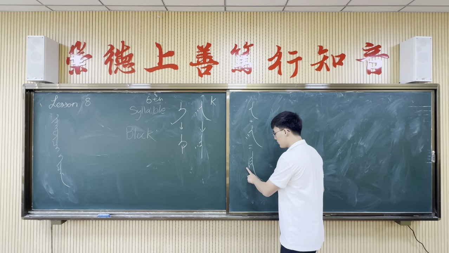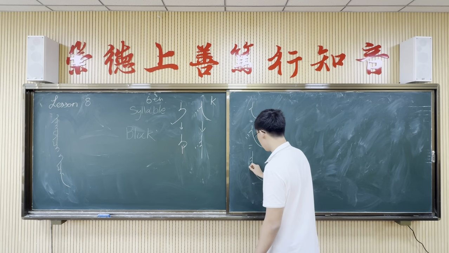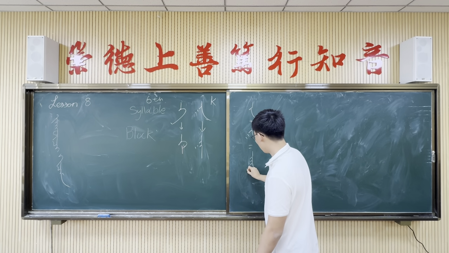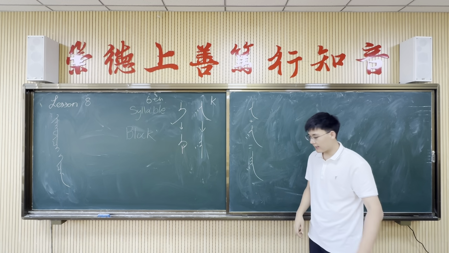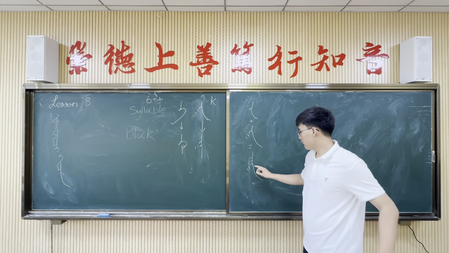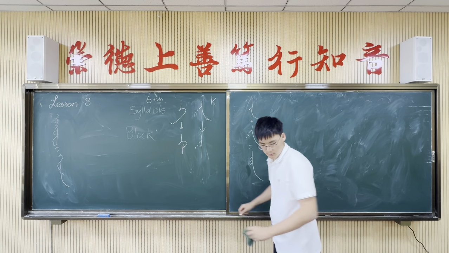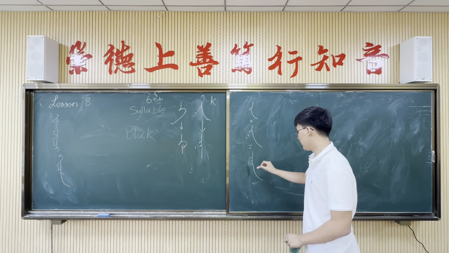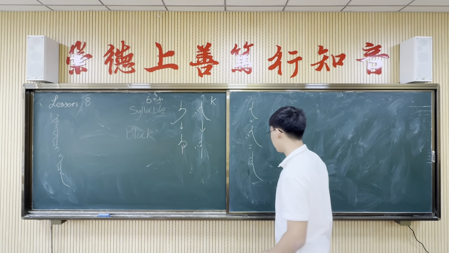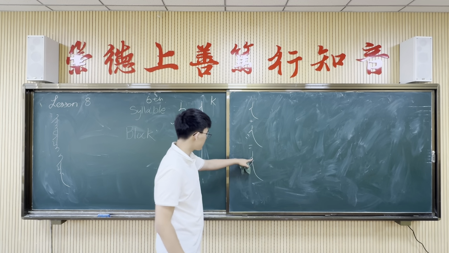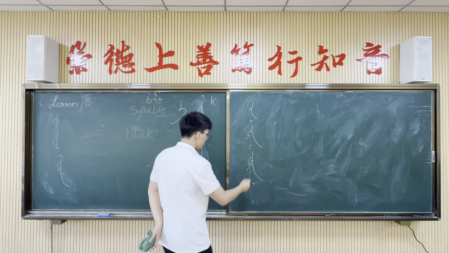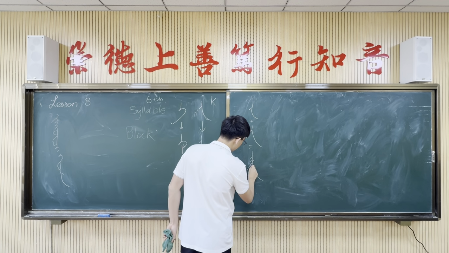So, how do you position these dots? You want to make sure that it's at a 45-degree angle between its position at the middle line. So we're going to draw this line, and then this is around 45 degrees.